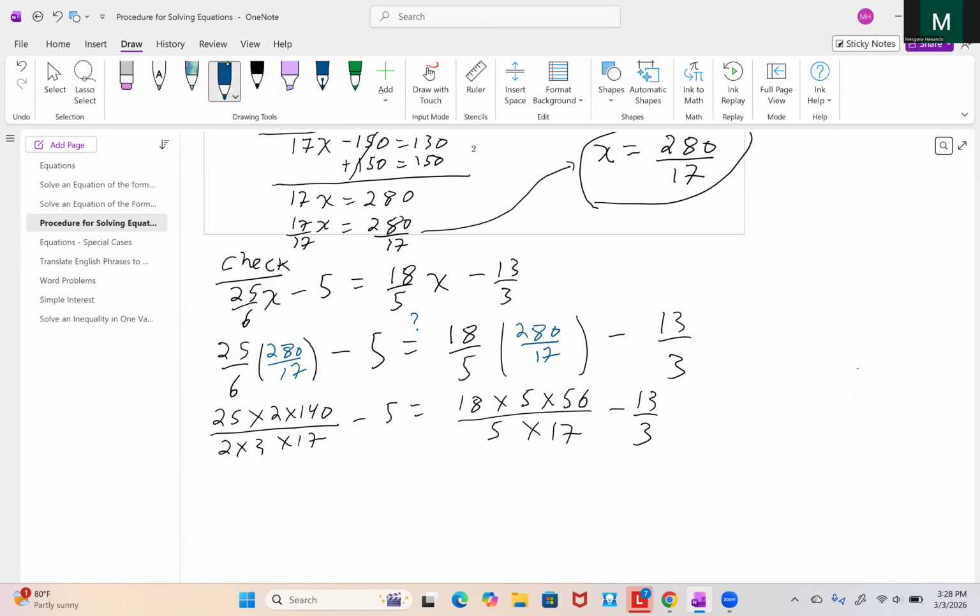So we have the 2 cancel, and this becomes 25 times 140 over 3 times 17. So 140 times 25 is 0, carry over 7, this is 0, 8, 2, 0, 0, 5, 3,500.